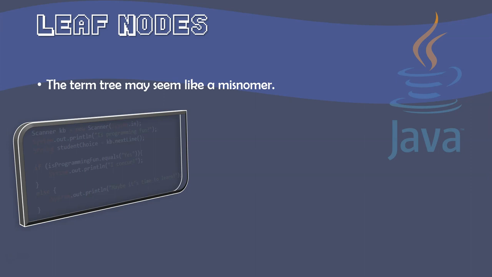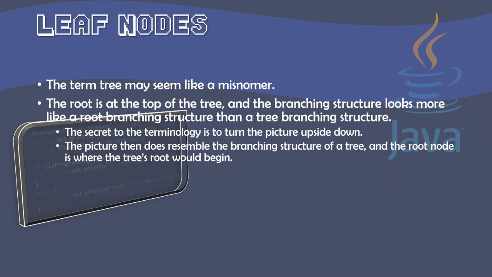Now, the term tree, you may think is a bit of a misnomer, because when we visualize this, the root is at the top of the tree, and the branching structure looks like a root branching structure because it's starting narrow and then branching downward. However, if you think about it, you could just take that picture, flip it upside down, and it'll look much more like a tree.